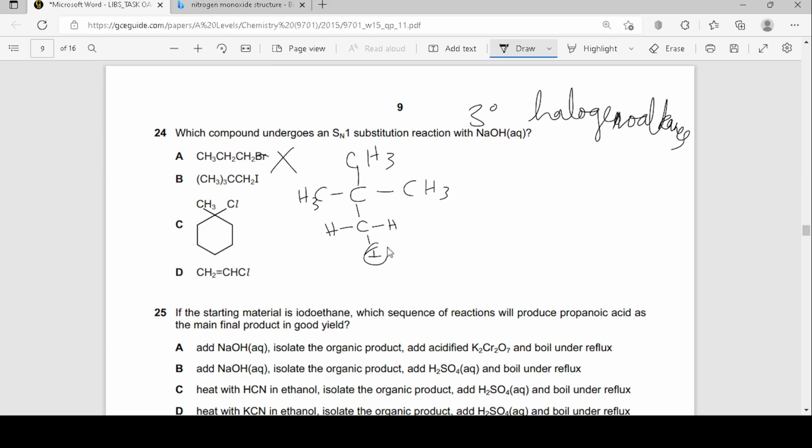So this iodine is bonded to this carbon, and that carbon is bonded to one other carbon, right? Am I doing that right? Should I consider this C-I bond? Well, no, I should consider the (CH3)3CBr, right? C-Br.